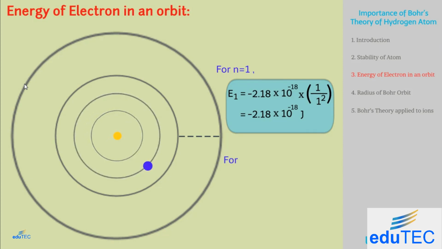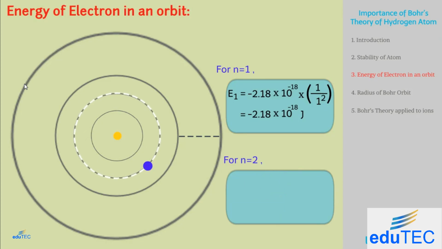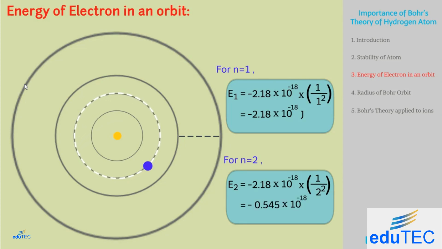For n equals to 2, we have E2 equals to minus 2.18 into 10 raised to minus 18 into 1 upon 2 square, which is equal to minus 0.545 into 10 raised to minus 18 joules.